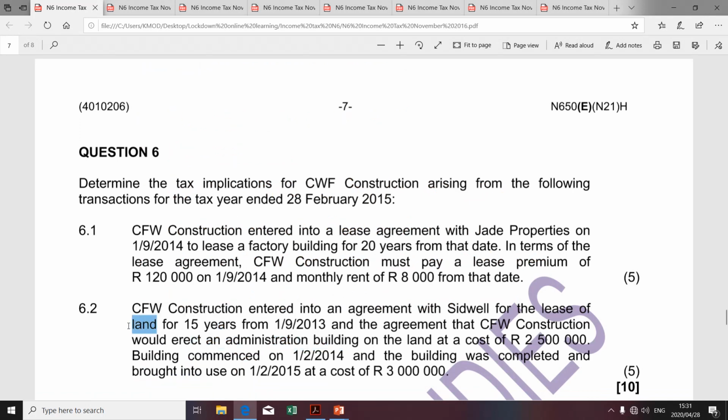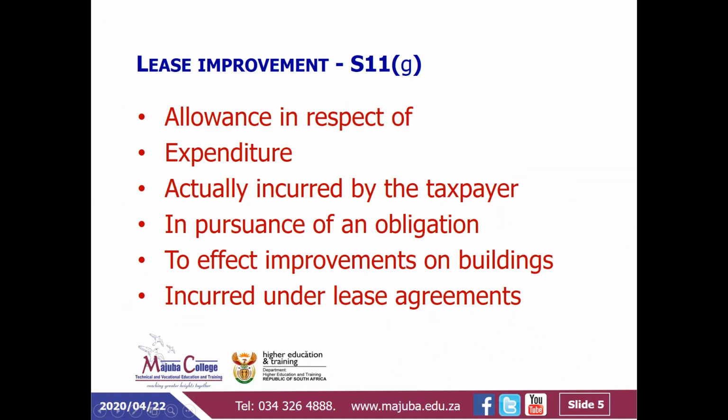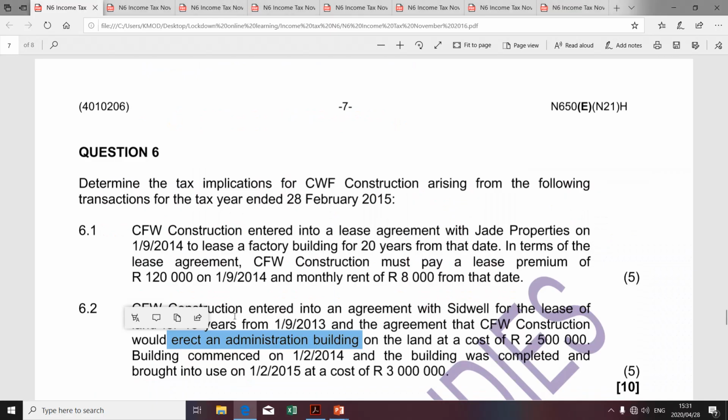The land didn't have any building before the lease, but due to the lease agreement, CFW was going to erect an administration building. So that component has been complied with, and the last component refers to incurred under the lease agreement. Of course, we've already mentioned that there's a lease agreement between CFW and Seedwell.